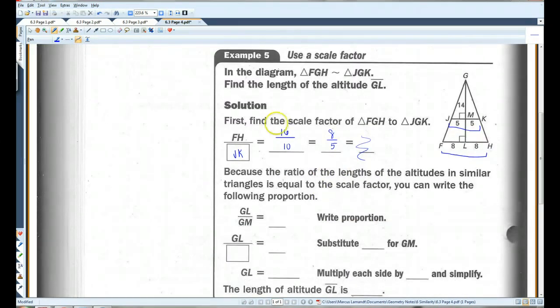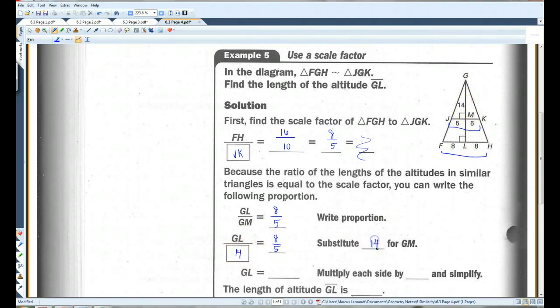Because the ratio of the lengths of the altitudes in similar triangles is equal to the scale factor, you can write the following proportion. GL over GM has to equal 8 over 5, the scale factor. Now we don't know what GL is, but we know that GM is 14.